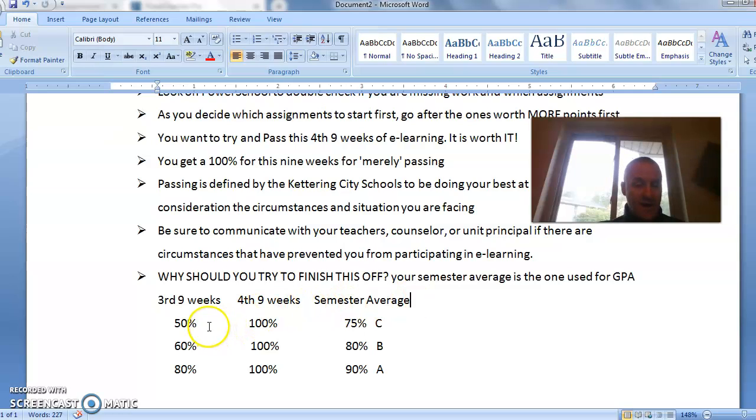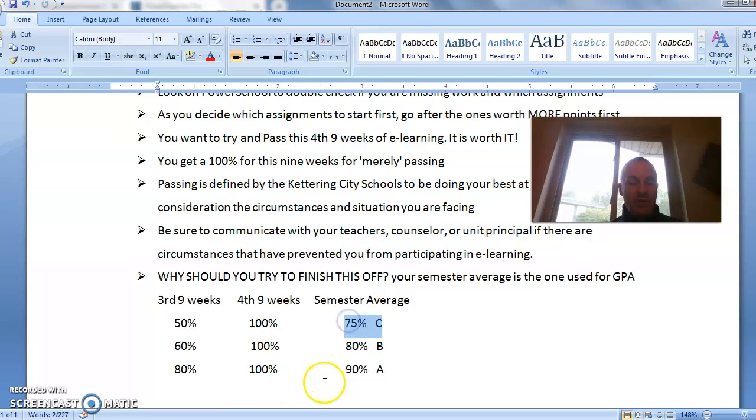You could have failed the third 9 weeks with the lowest possible score that you could earn on a given 9 weeks, and that's a 50%. Well, if you earned a 50% the third 9 weeks and you pass with 60% or above in this e-learning, you get 100% for the fourth 9 weeks. The average of 150 is 75%.